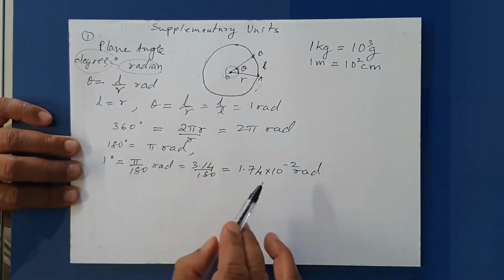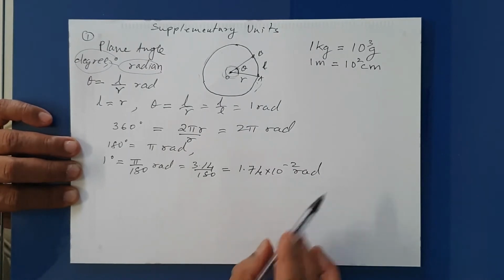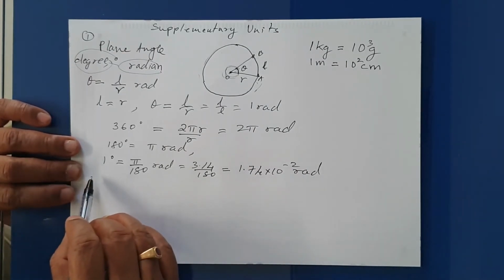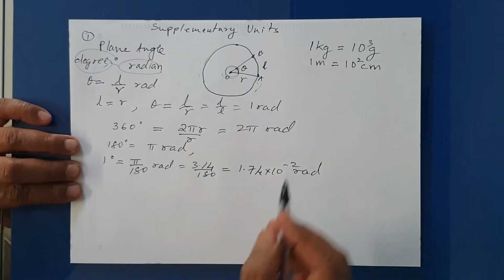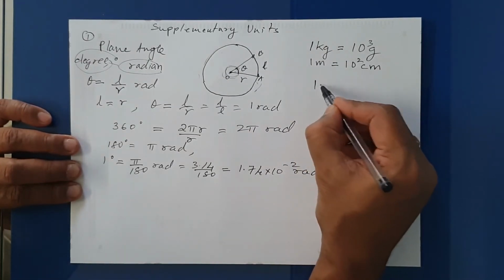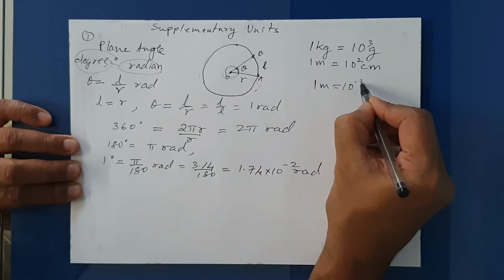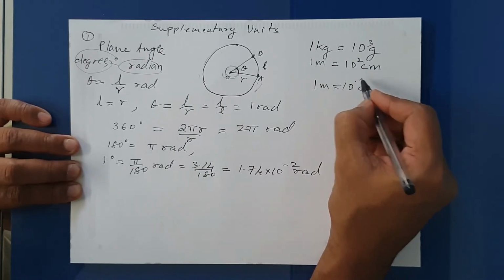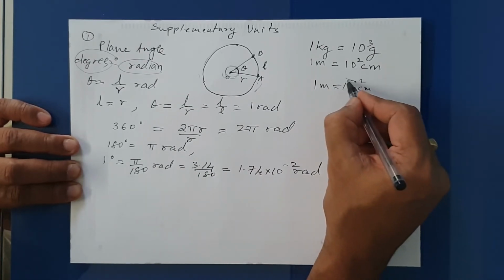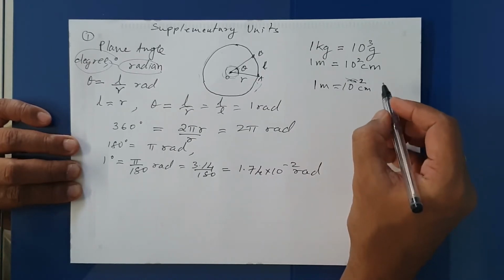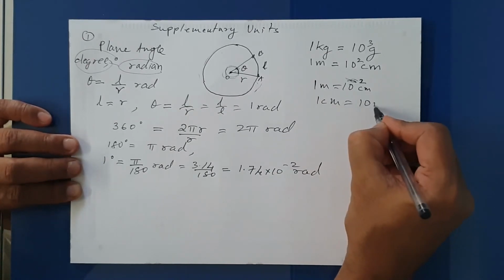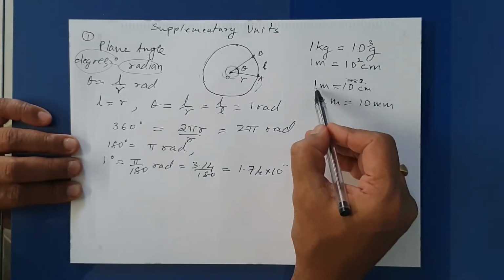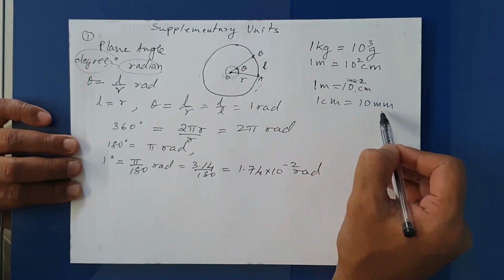So 1 degree is equal to 1.74 into 10 raised to minus 2 radian. 1 degree is again divided into smaller units called minutes, just like 1 meter is equal to 100 centimeters and 1 centimeter is equal to 10 mm.